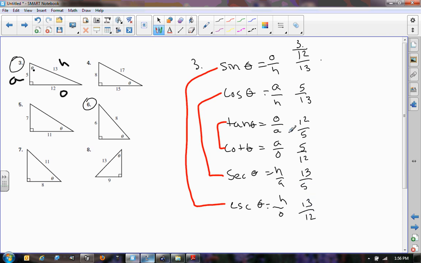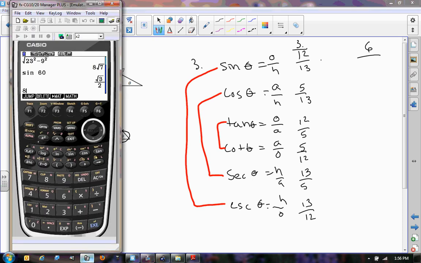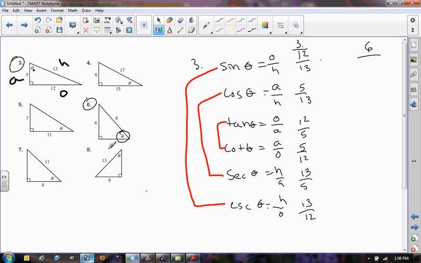I'm going to recycle these ratios because I'm going to do number 6. Number 6, I'm looking from a different spot. I also need to find the third side. Use some Pythagorean theorem here. 8 squared minus 6 squared is 28, so I have to take the square root of 28.